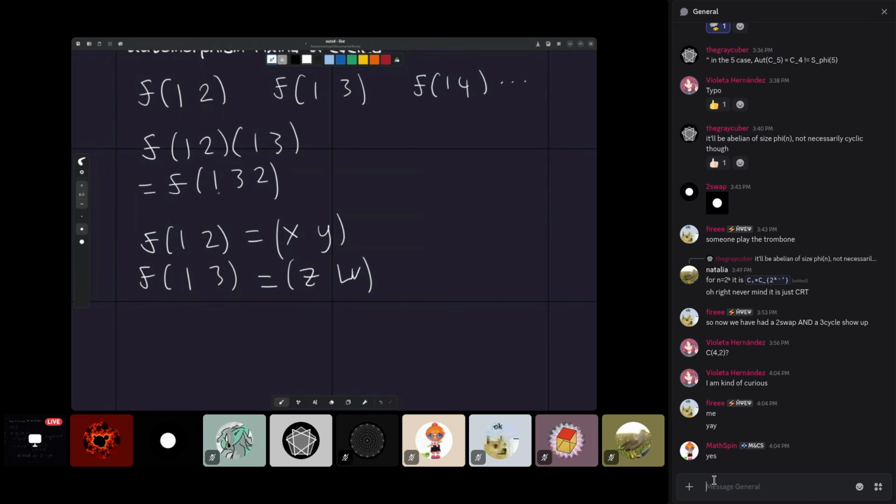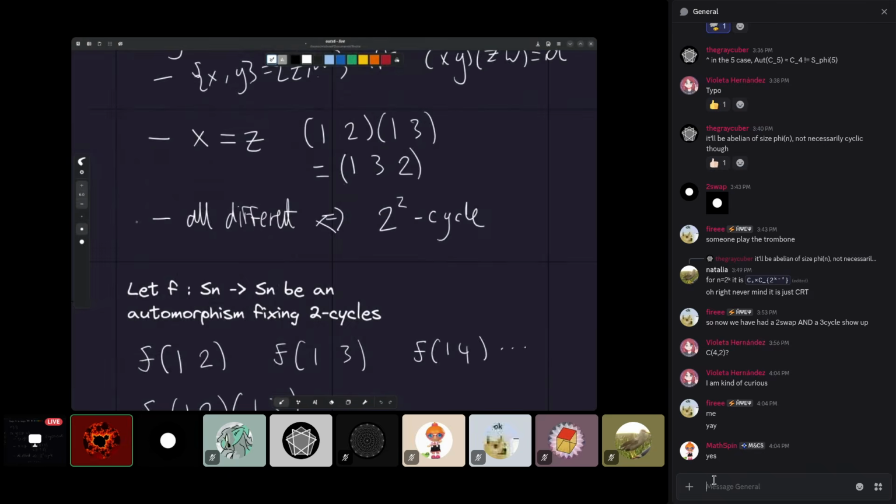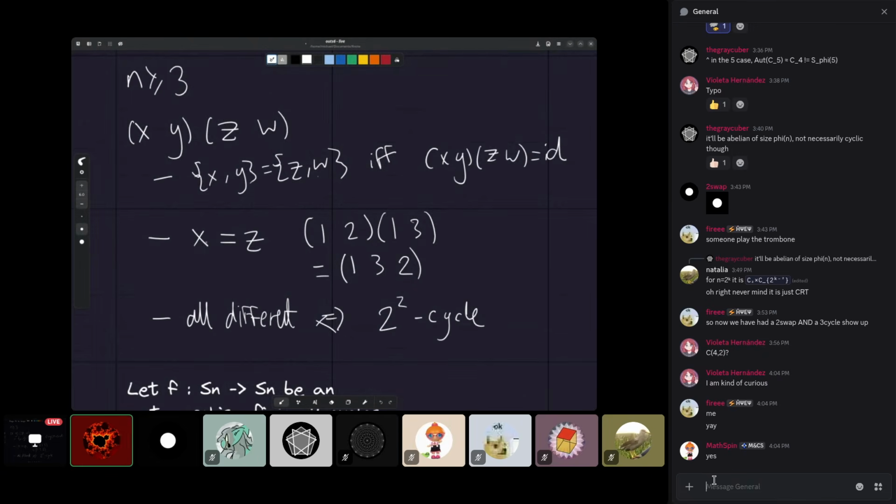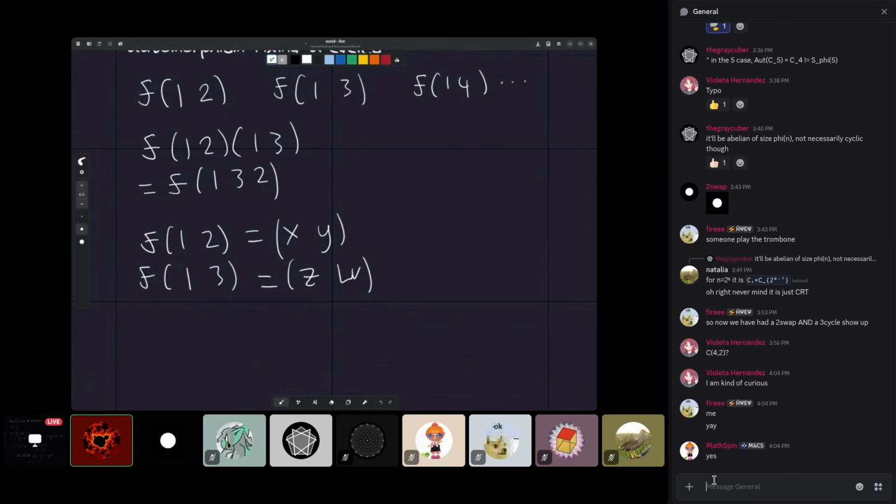We know the product of these two has order 3, because you're applying f to something of order 3. And so by this result, the only way you can have order 3 as a product is if two of these are equal. Exactly one of these two is equal to exactly one of these two, and the other two are different.